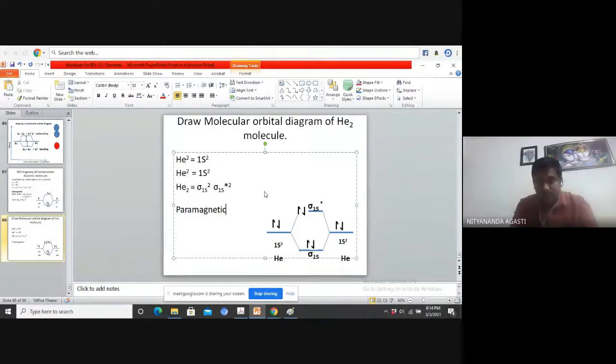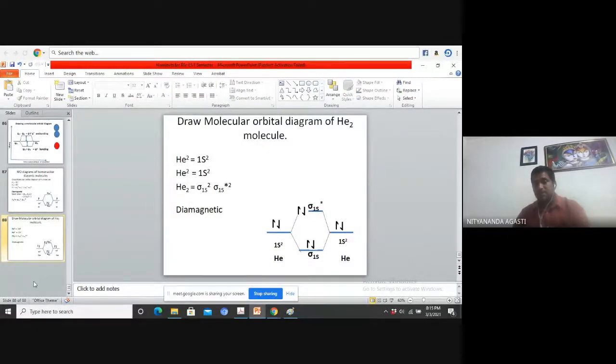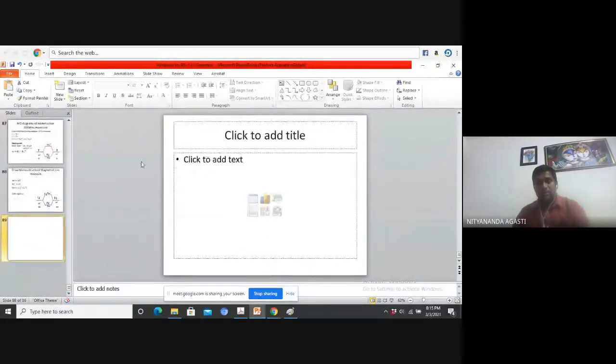Yes, diamagnetic. He was drawing your attention by deliberately writing this, diamagnetic, and the bond order you can calculate, it's 0. So the helium bond is non-existent. That's what it's saying. Next, quickly we'll move to draw the molecular orbital diagram of the next molecule.